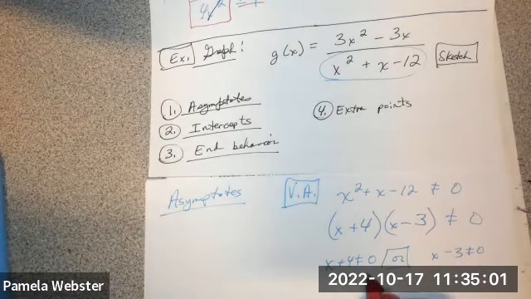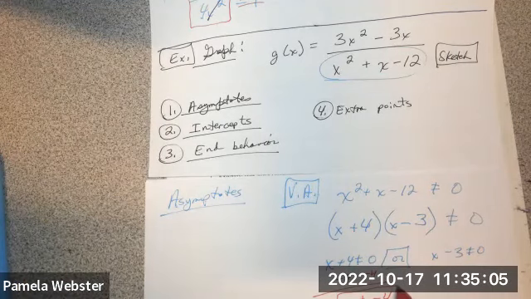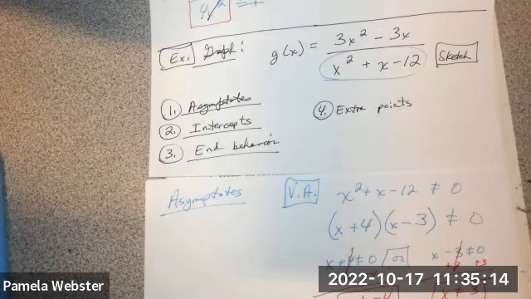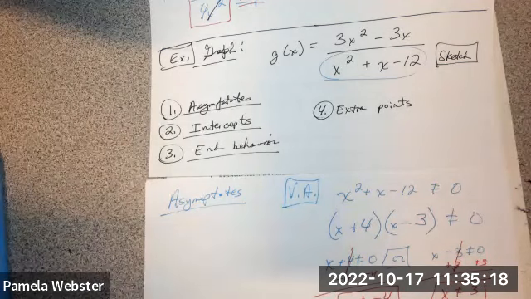This guy, subtract the 4, x can't be negative 4. This guy, add the 3. x can't be 3. So I've got 2 spots there that I'm going to have to watch out for, right?